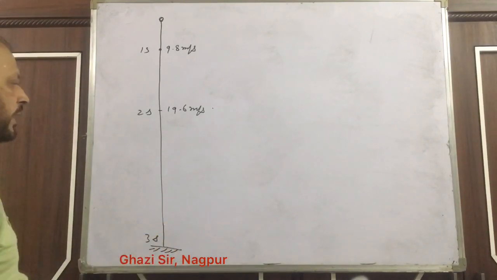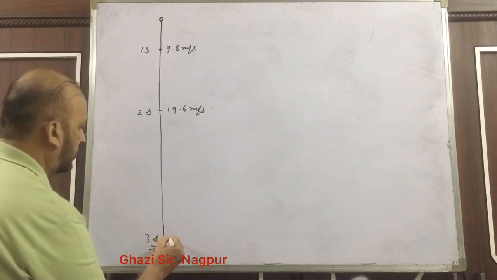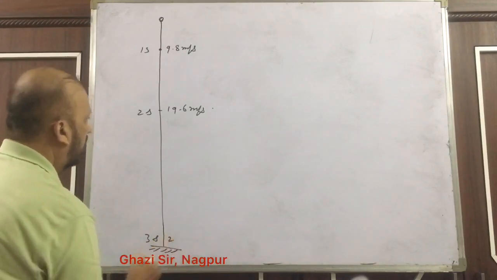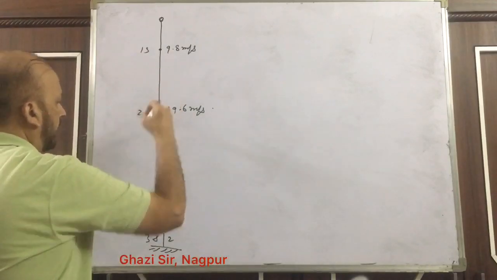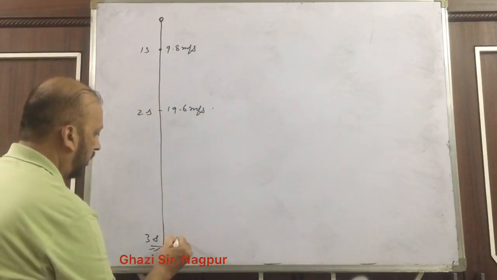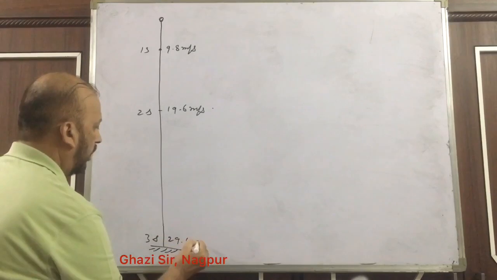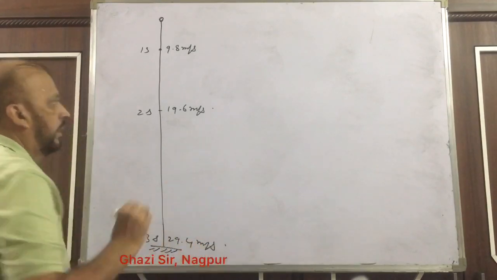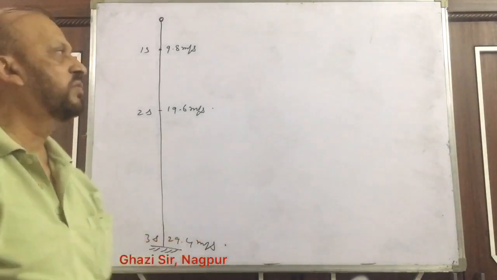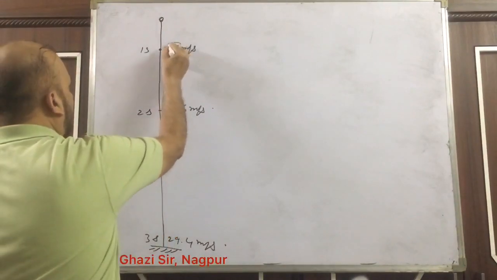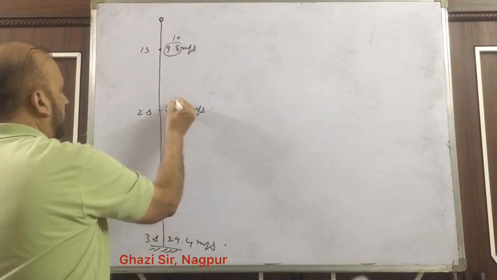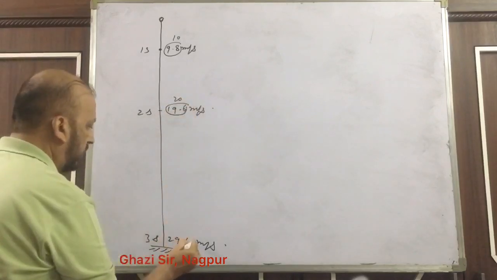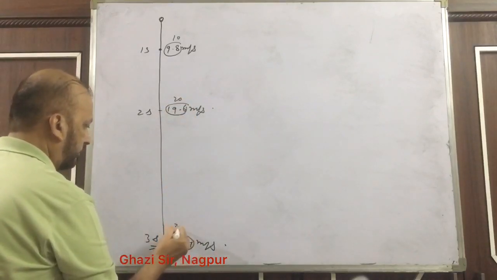And just before hitting the ground, suppose velocity is 10, 20, 30, so 29.4 meter per second. And for convenience, you may take this as 10 meter per second, so that we get easy calculation. Suppose this is, say, 20 meter per second and this is, say, 30 meter per second.